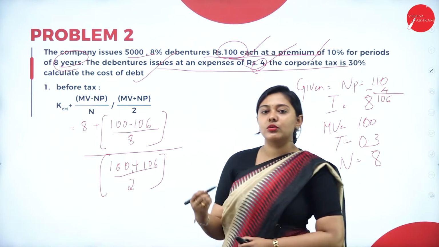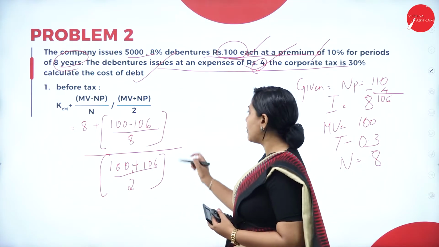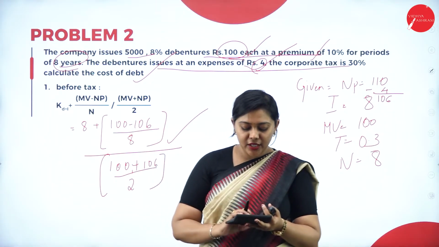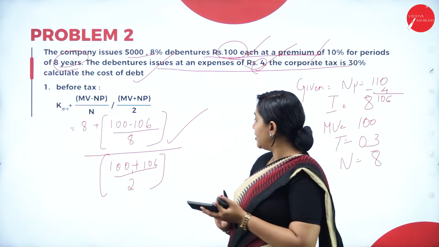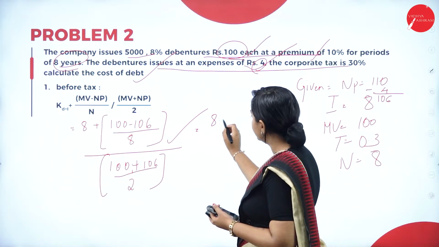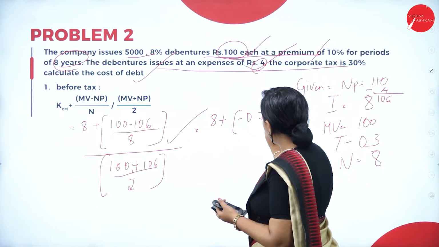So what are the steps as I've taught you, my dear students? The first step is the bracket solving part. So 100 minus 106 divided by 8 is minus 0.75.